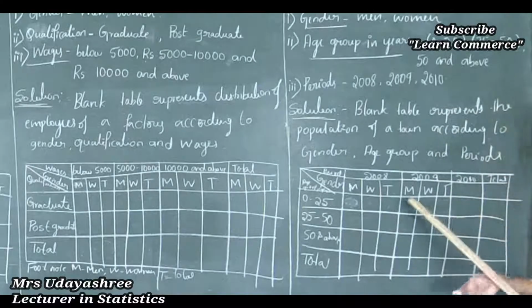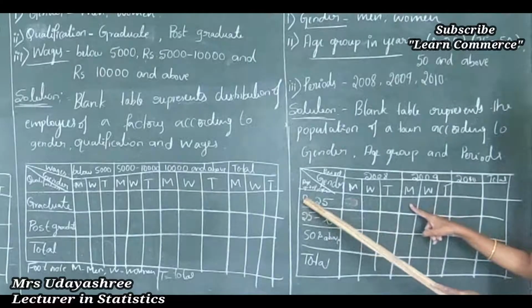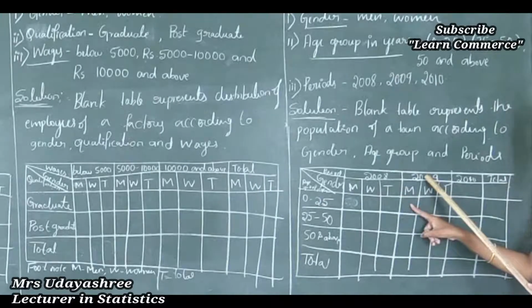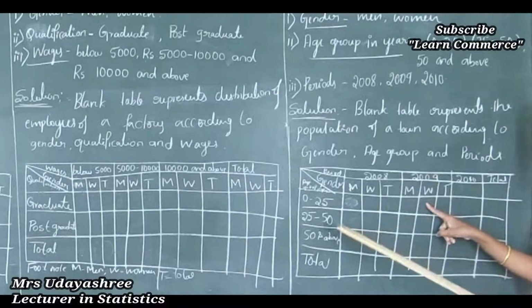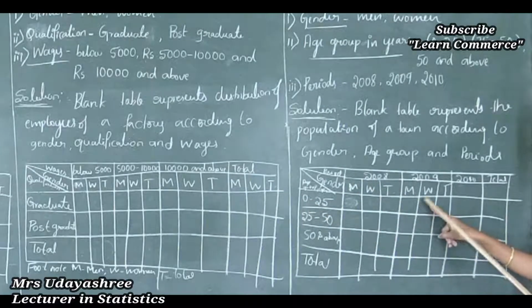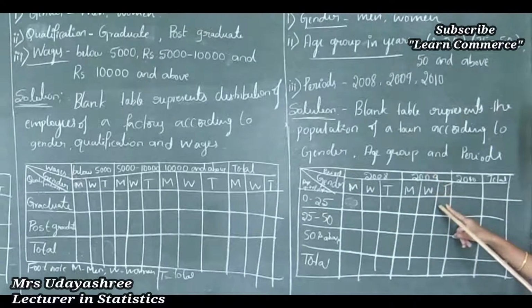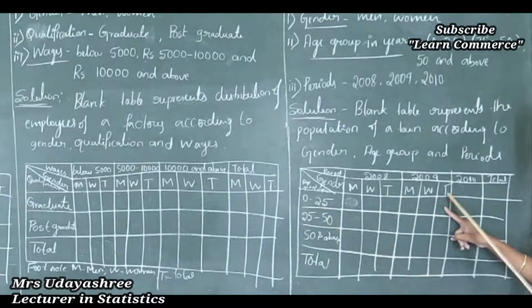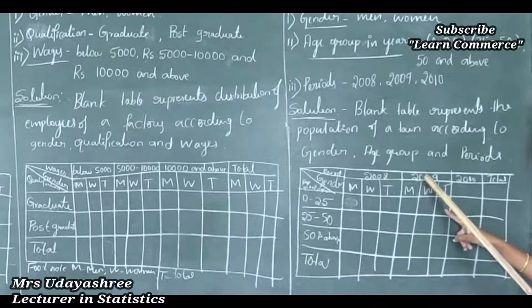See here this cell indicates the age group between 0 to 25, the male population in 2009. Like that this cell indicates the age group between 0 to 25, the women population in 2009. Like that this cell indicates the age group between 0 to 25, the total number of population in 2009.